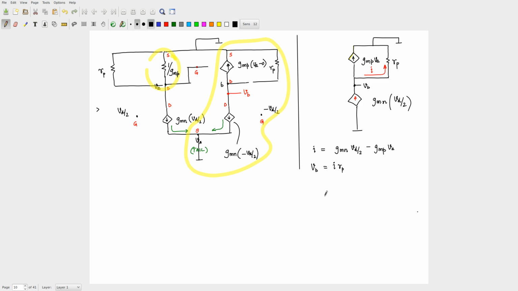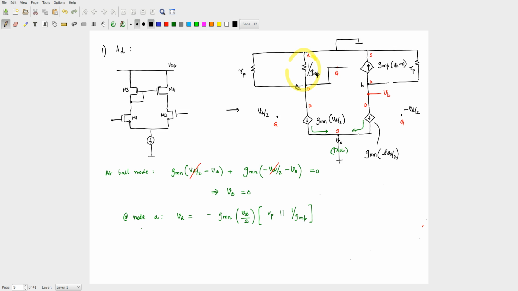Okay, so now can you calculate this? Can you calculate this, please? Okay, so my VB is nothing but GMN into VD by 2 minus of something, and we calculated what VA was on the previous slide. VA itself is this quantity minus GMN into something.